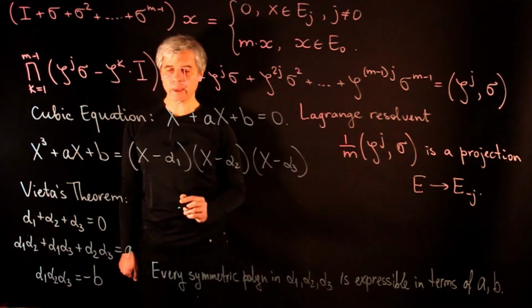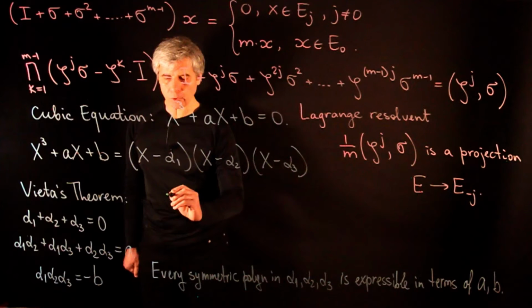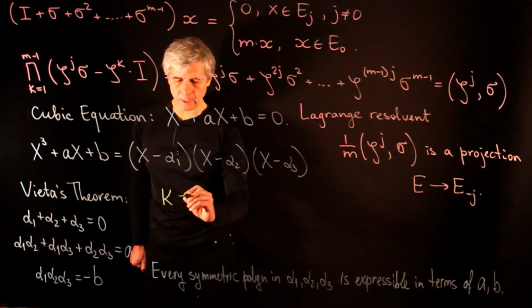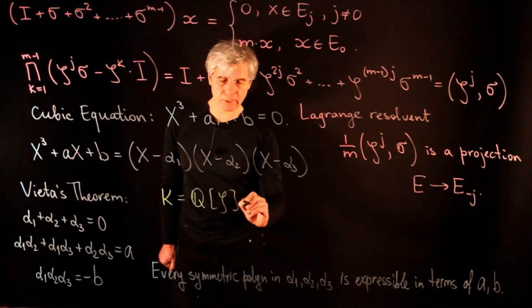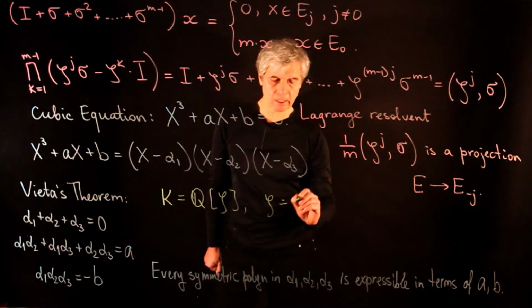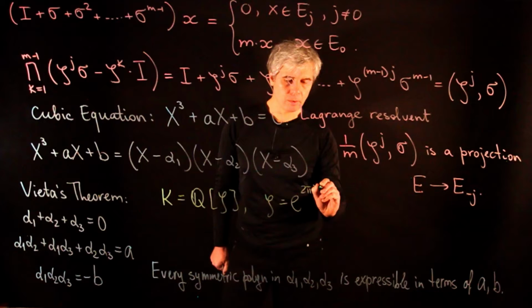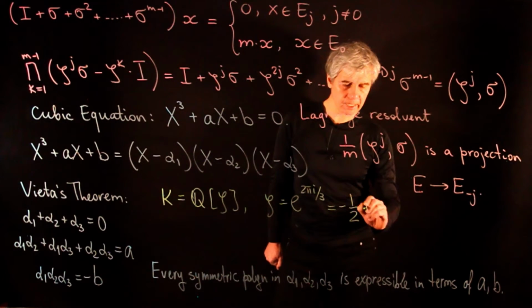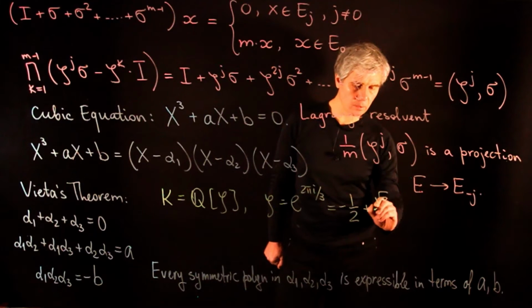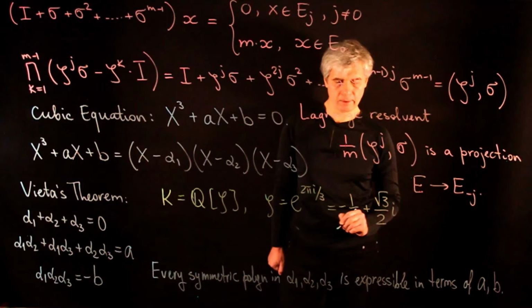In our setting, for the ground field, we take not Q, but the extension of Q with the third root of unity. So Q of zeta, where zeta is e to the 2 pi i over 3, or minus 1/2 plus root of 3 over 2 times i.